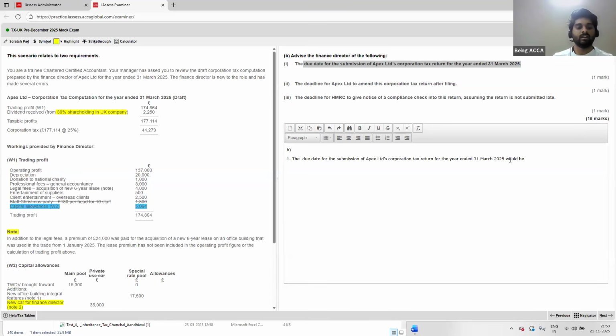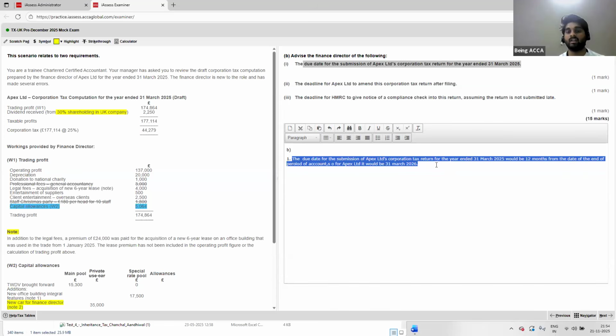It would be 12 months from the date of the end of period of account. For Apex Limited, it would be 31st March 2026. Writing this one line will give you 1 mark directly.